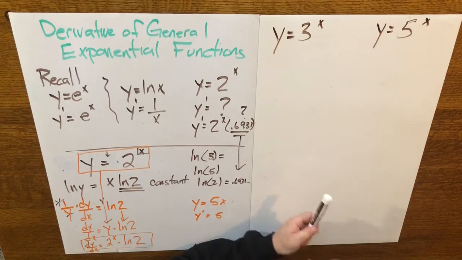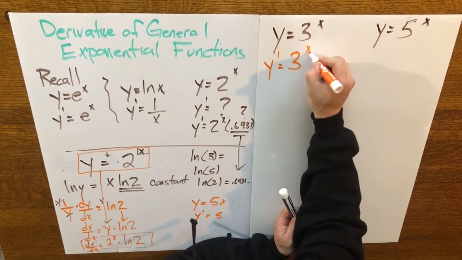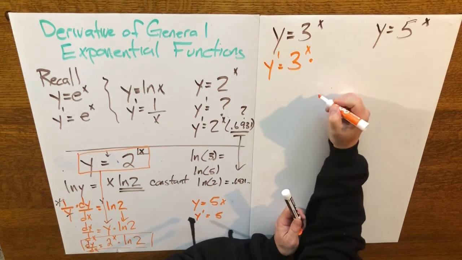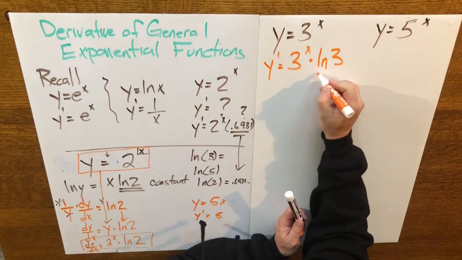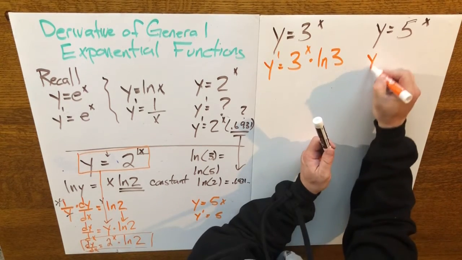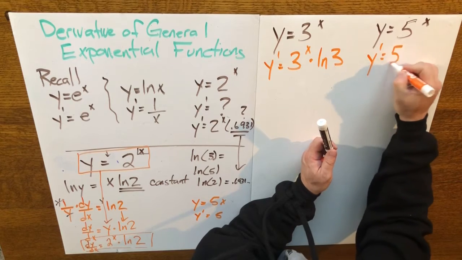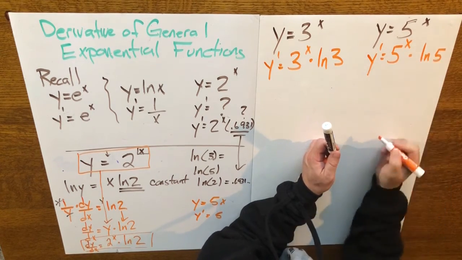The derivative of those is simply going to be y prime equals the exponential function itself times the ln of the base. And the ln of 3 is some constant, a little bit bigger than 1. Y prime would be equal to 5 to the x times ln 5.